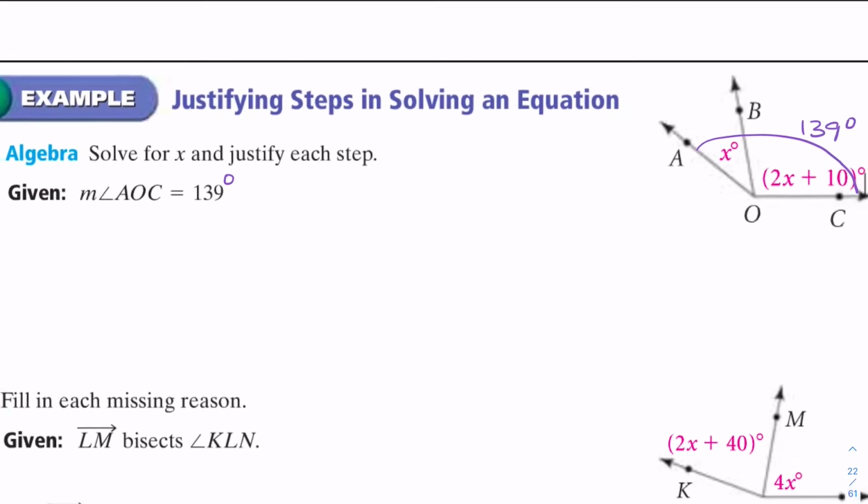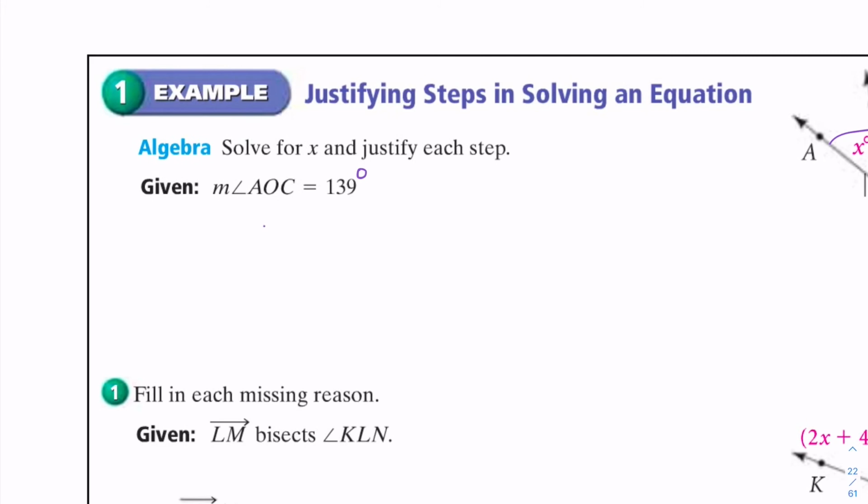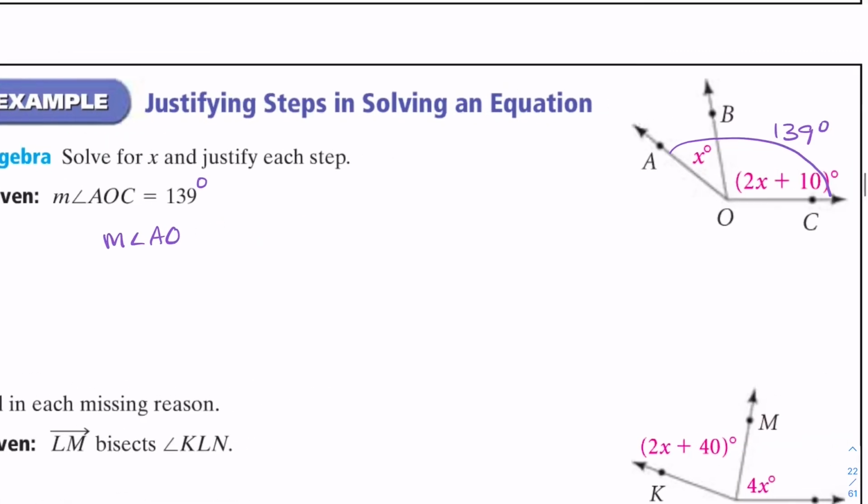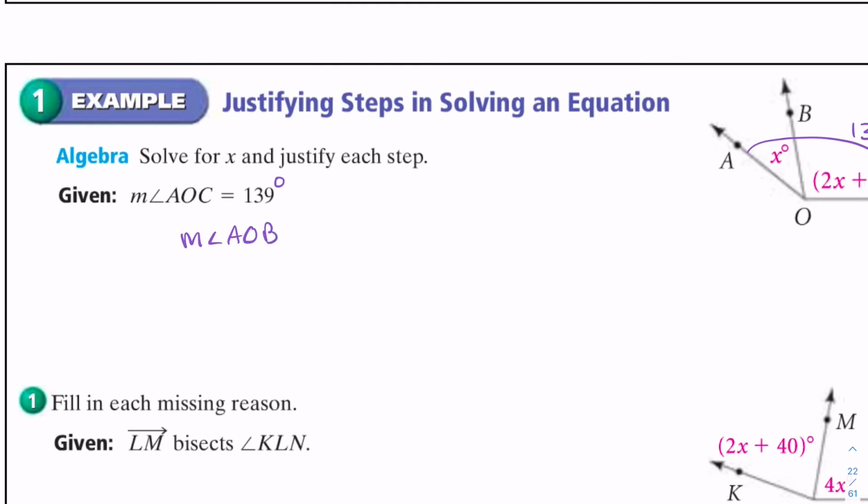So I'm going to say that the measure of angle AOB plus the measure of angle BOC is equal to the measure of angle AOC.